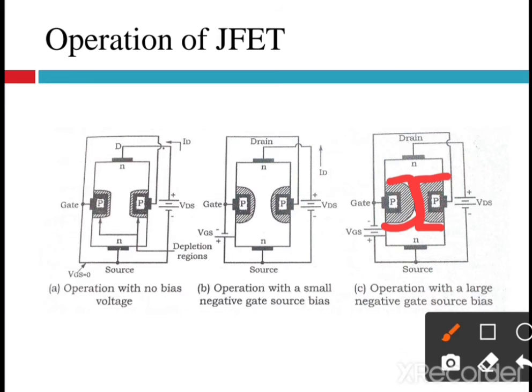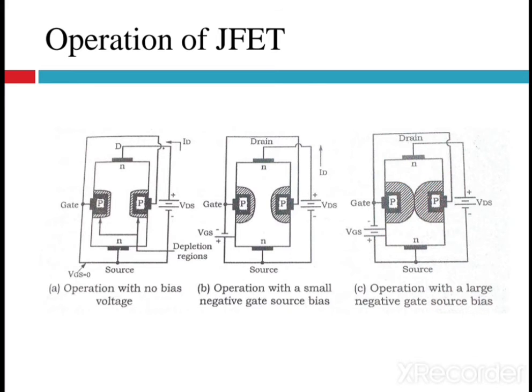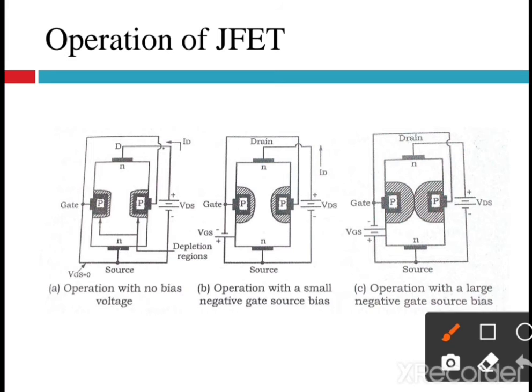At a certain value of negative VGS, the depletion regions touch each other, and therefore the channel width becomes 0 and the drain current is also 0.